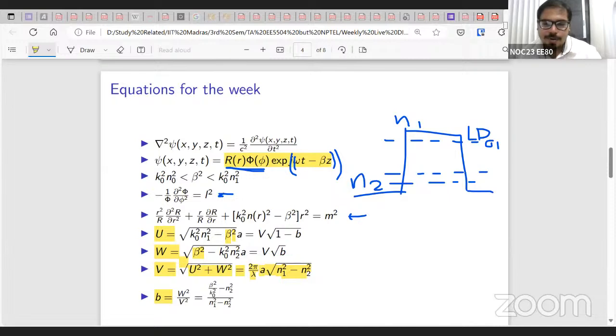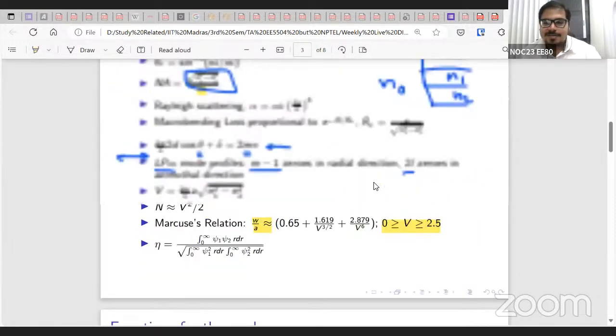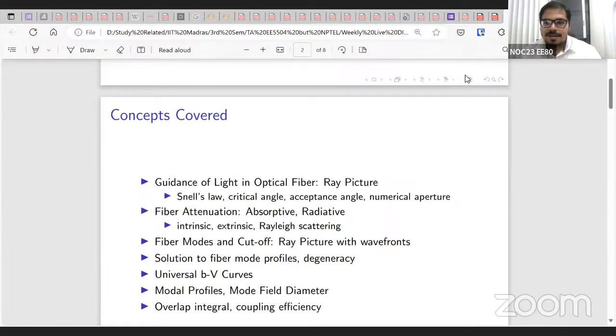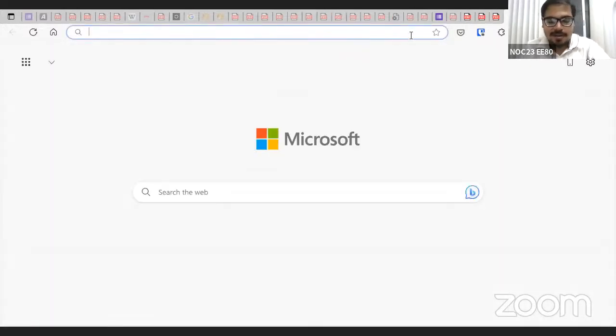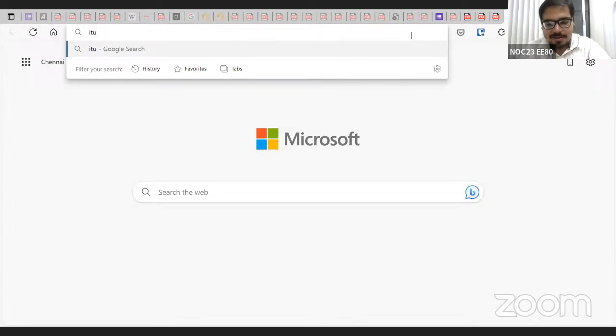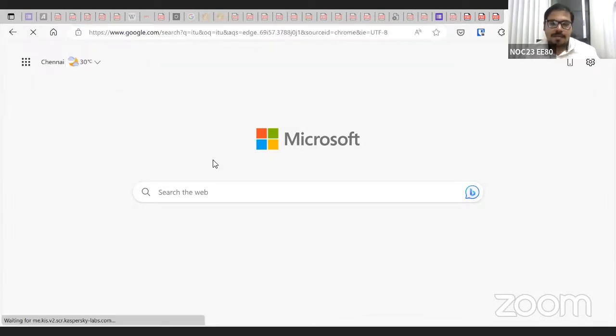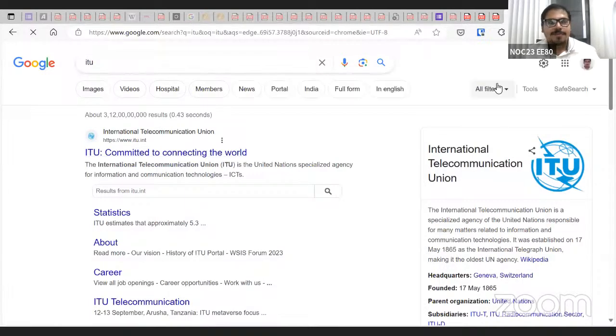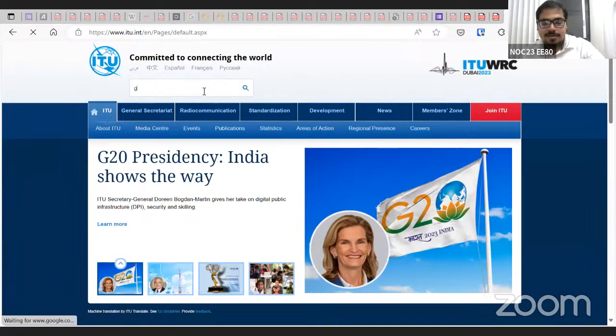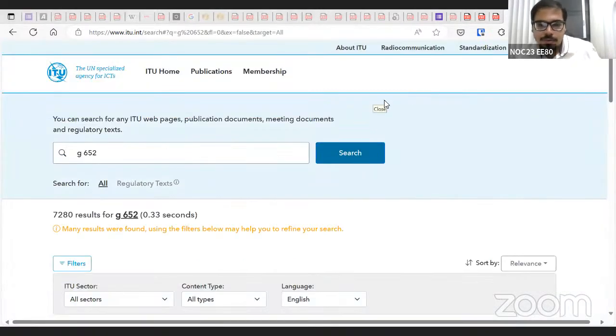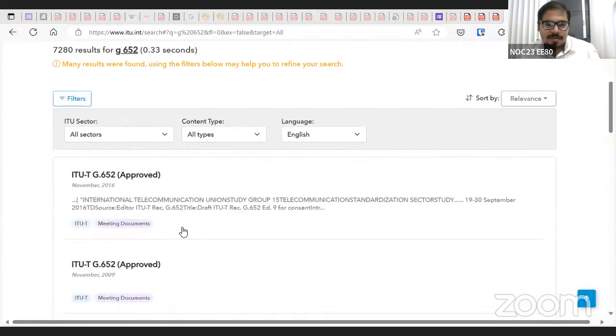If you want to look at the specifications of the single mode fibers that are commonly in use, you can look at ITU recommendations. Single mode fibers are specified in G652. You can just search for it.